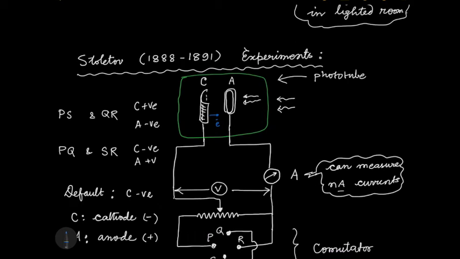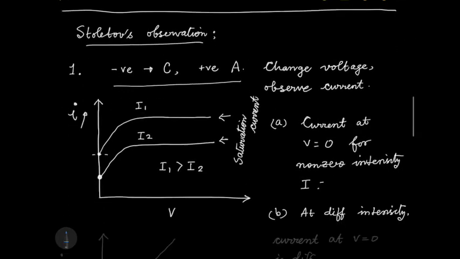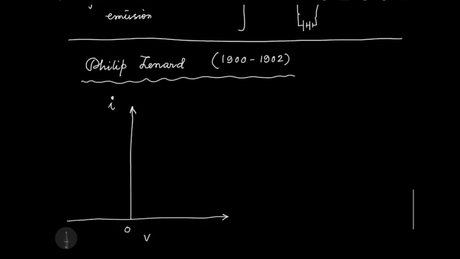If I make the cathode positive and the anode negative, the electrons will get repelled by the anode and may not be able to reach the anode, right? So Philipp Lenard tried both forward and reverse bias.